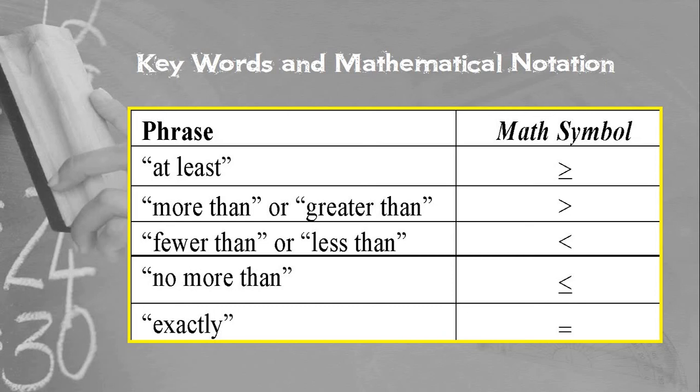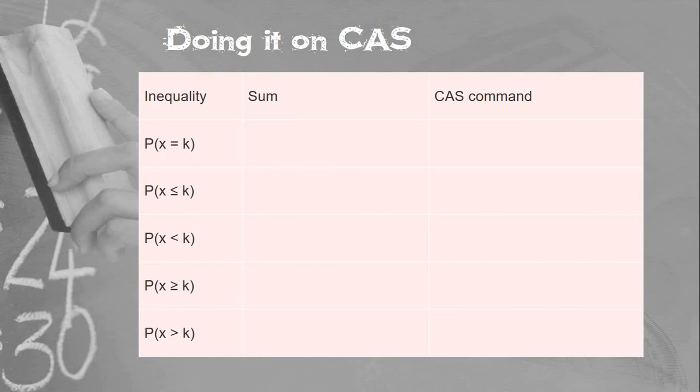What I want to do now is to look at an example of how we would actually use our calculator for this. So on our calculator, if we just want to calculate the probability that x equals k, so we're just looking for a particular value, that means that all I would do is I'm just actually working out this probability.